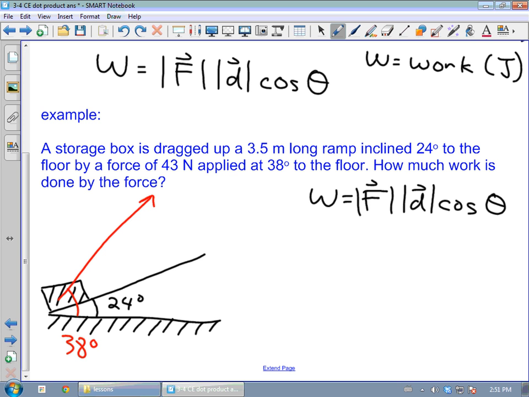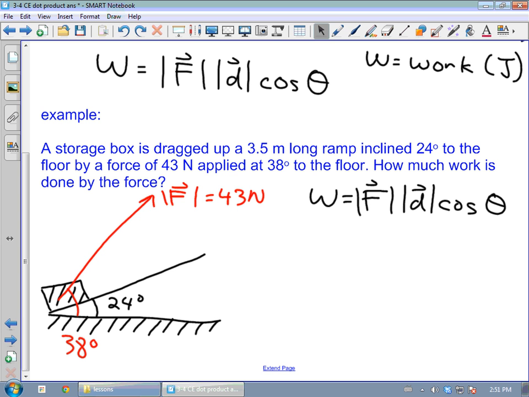And this is my force. I know that the magnitude of the force is 43 newtons. So I've drawn in my one vector, my force vector here.